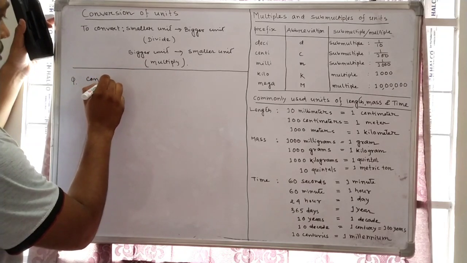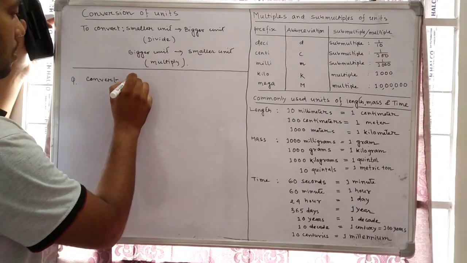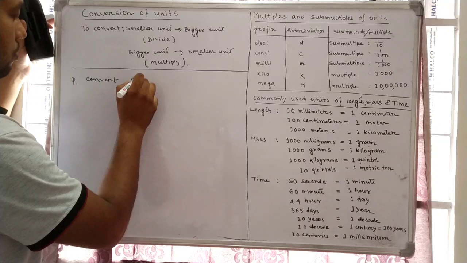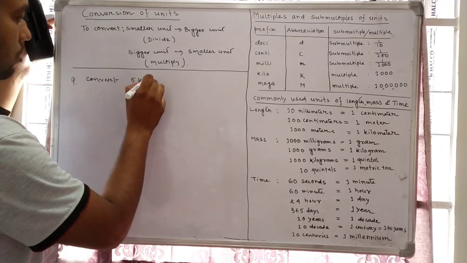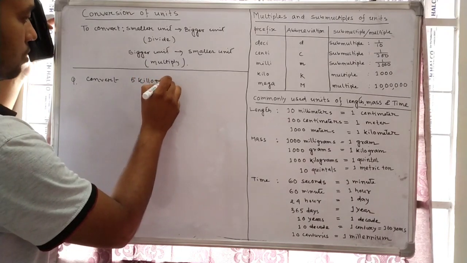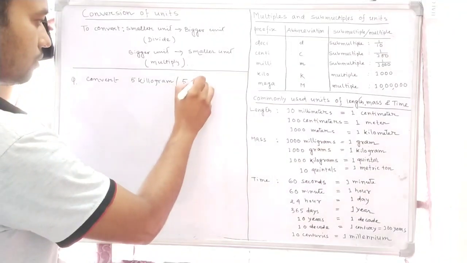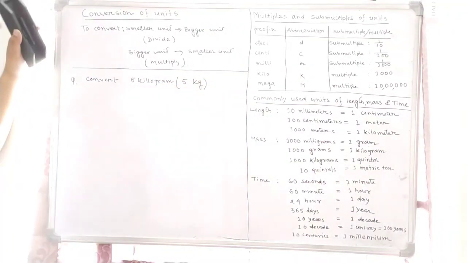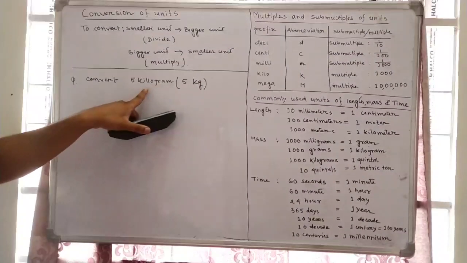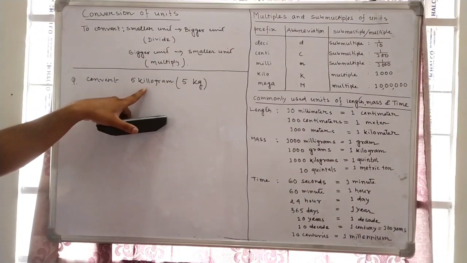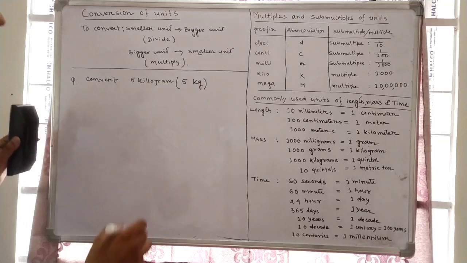Convert 5 kilogram. This can also be written as 5 kg. This kg means kilogram. This K came from kilo and G for gram.